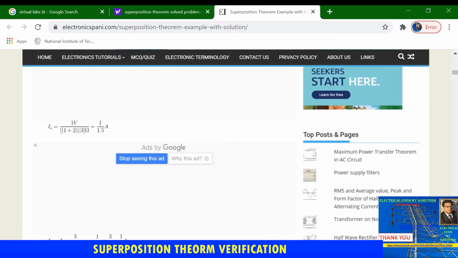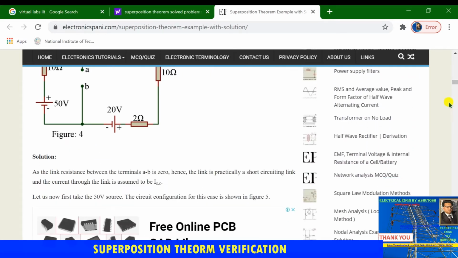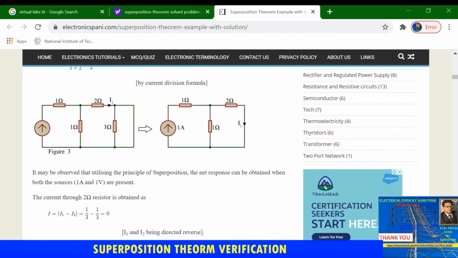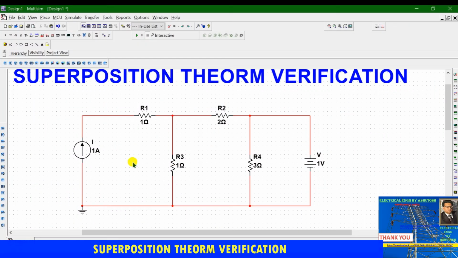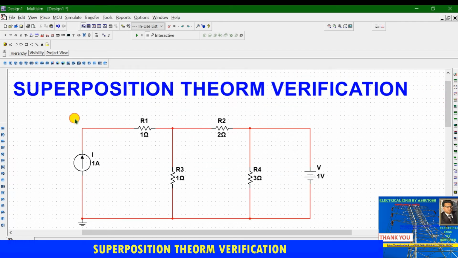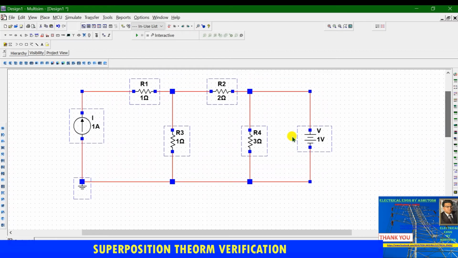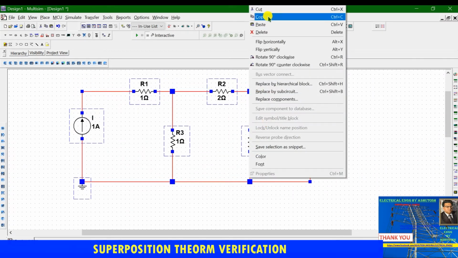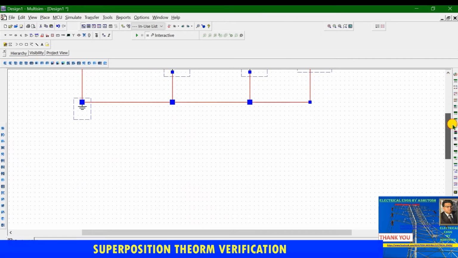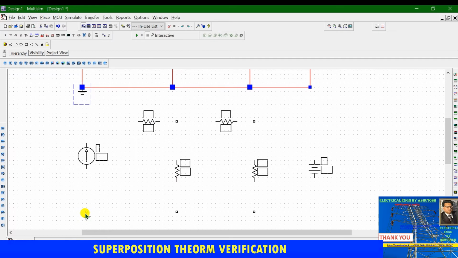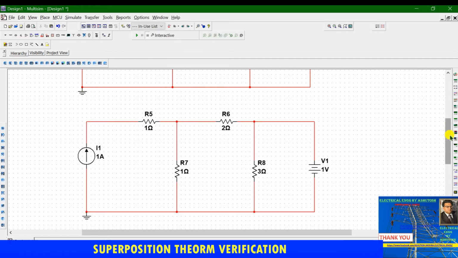Now we also design our circuit and simulate it in Multisim. I am copying this circuit and pasting it here.